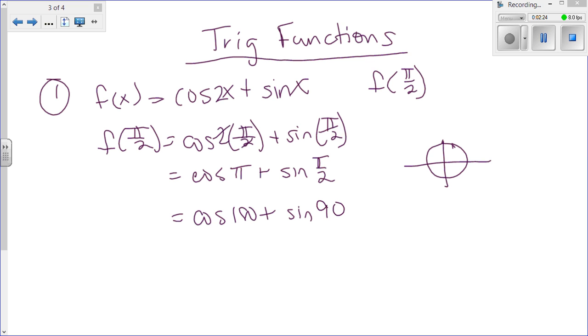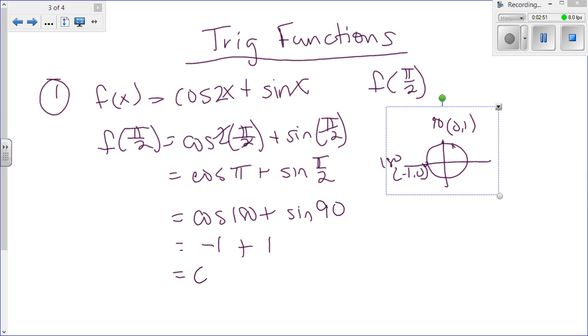This is the point 0, 1. This is the point negative 1, 0. Remember 90 and 180. The cosine of 180, the x value at 180, is negative 1, plus the sine of 90, sine is y, so the y value at 90 is 1. Negative 1 plus 1 is equal to 0.